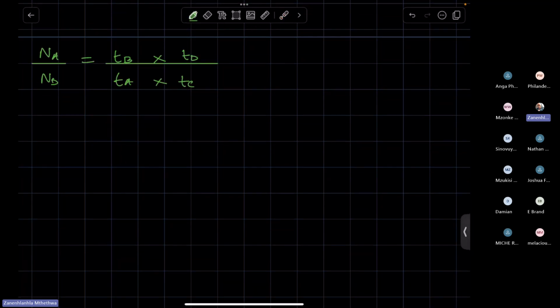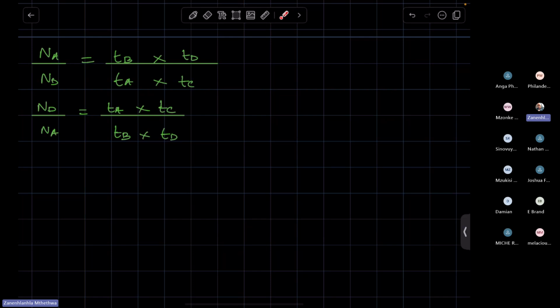ND divided by NA is equal to TA times TC divided by TB times TD. All I did here was switch the numerator and denominator.